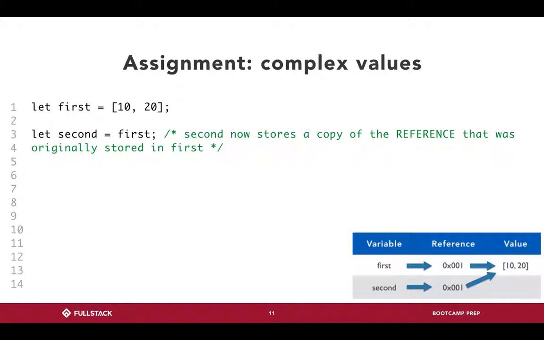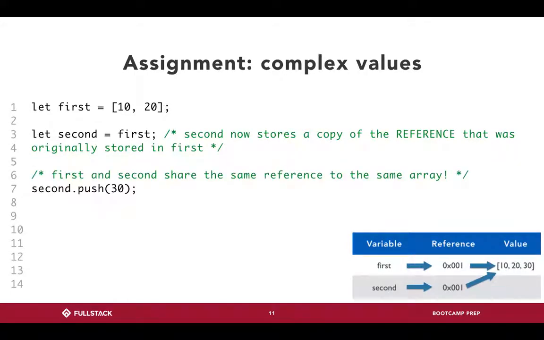First is a memory address right now, so second also takes the memory address. They're separate variables, but they hold the same memory address. So if we access through either of these references, everywhere else that has the reference will see those changes. This time we go through second, it's memory address 1, we mutate this thing. Later, if we go through first, it's still the same reference, so it would see the updated change.